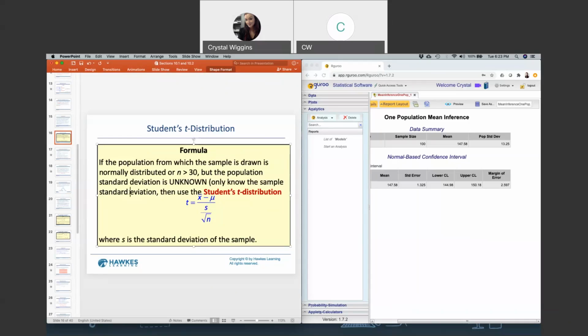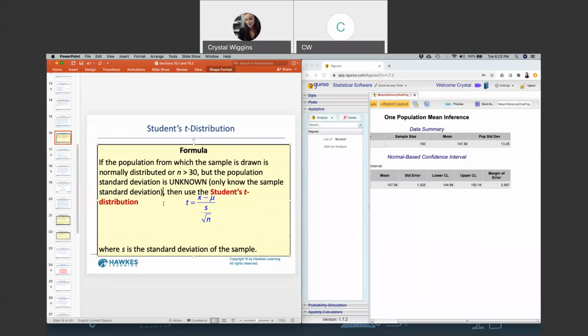Depends on whether it was calculated from the population or whether it was calculated from just a sample. If it was just calculated from a sample, well, they're known as S, then we're going to use what's called a student's t-distribution. So this is the t-score, as we would call it. And S is the standard deviation of the sample. So we're not using sigma because we don't know sigma.